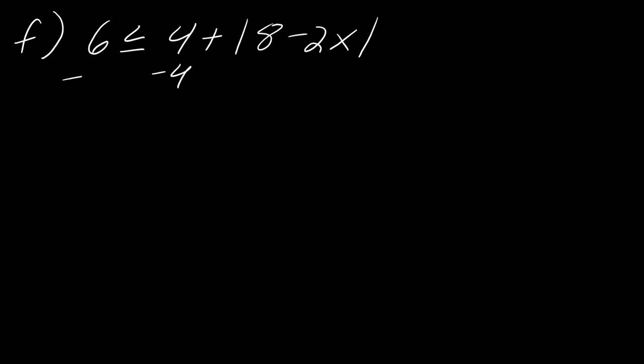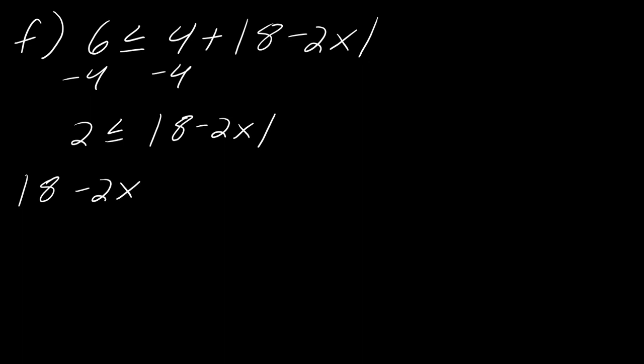Okay, so first things first, I've got to subtract the 4, and then I've got this on the wrong side. So now I need the inequality to eat the absolute value. So I write it like this. You can even say nom nom as you write that if you want.